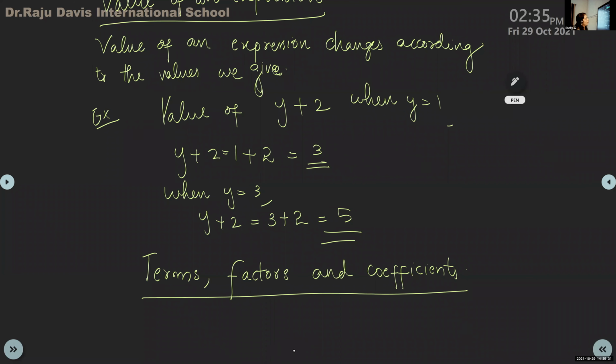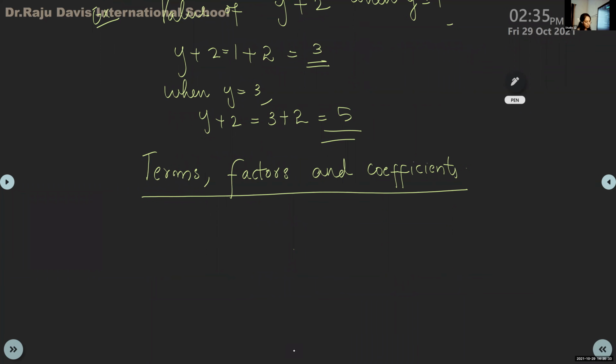Okay, children. What are terms? Terms are added to form expressions.